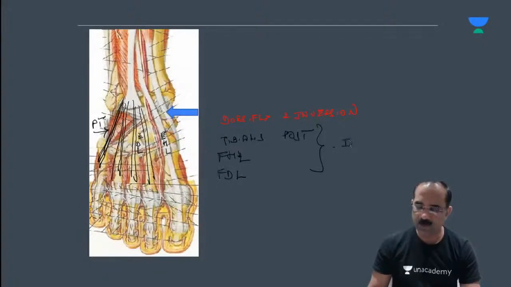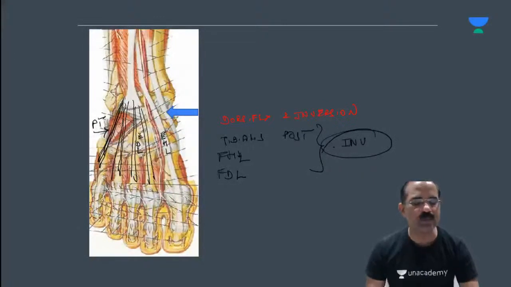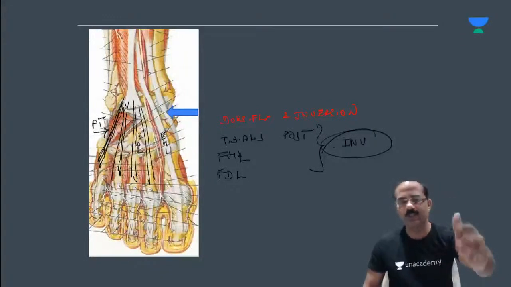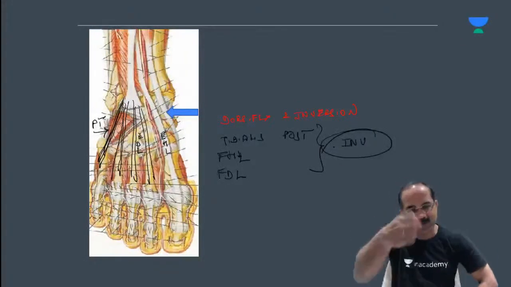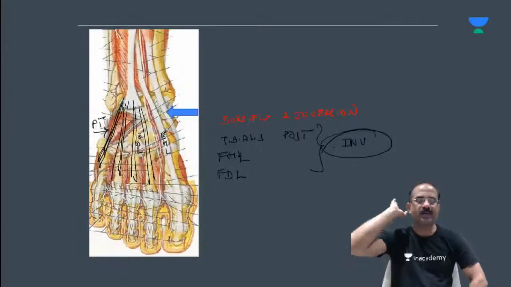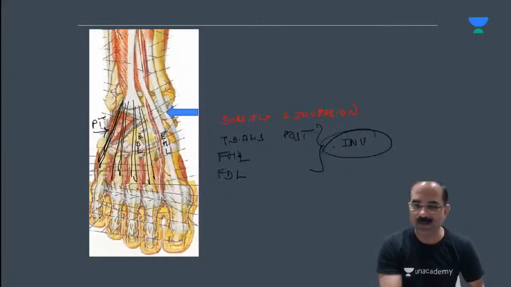These are the muscles which do inversion of the foot. These are very powerful muscles. So if tibialis anterior is paralyzed, inversion is still possible because we've got very powerful inverters in the posterior compartment.